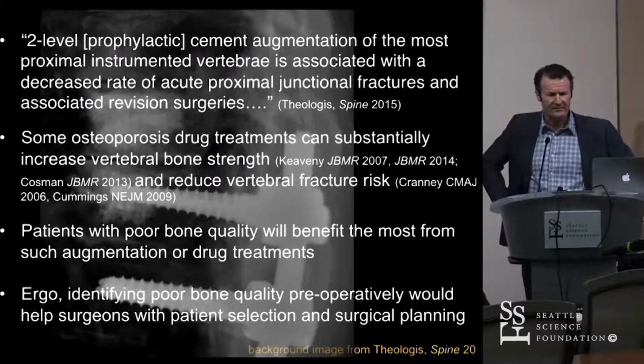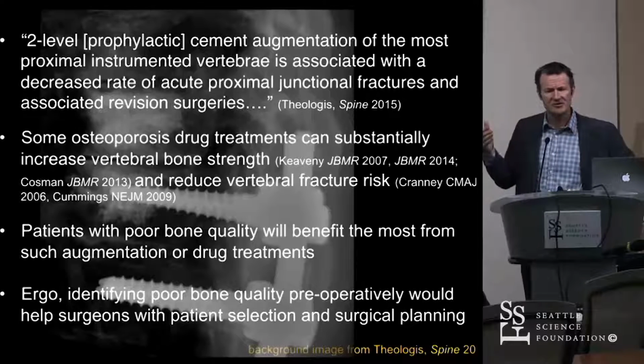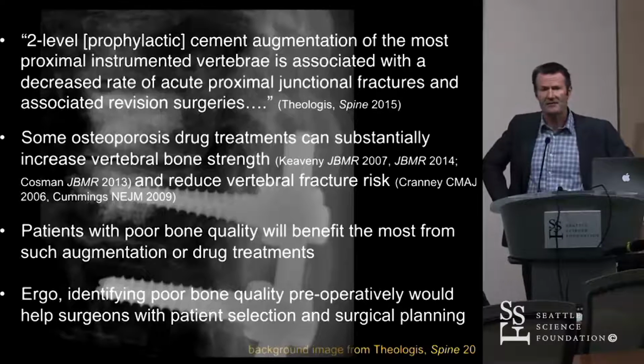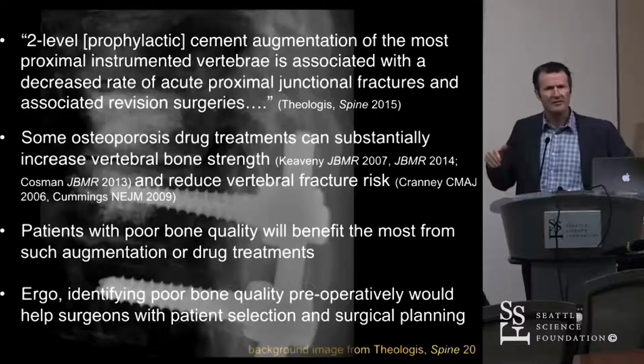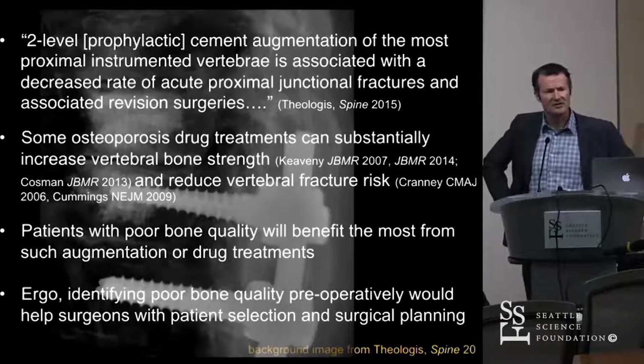There's recent data coming out now establishing that you can reduce the rates of fracture on the adjacent proximal level if you inject PMMA into the adjacent level in a prophylactic fashion. And there are some osteoporosis drug treatments currently available and some in the pipeline being approved by FDA that substantially increase bone strength in a relatively short amount of time and that substantially reduce the risk of having a vertebral fracture.